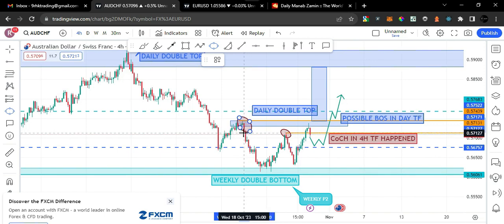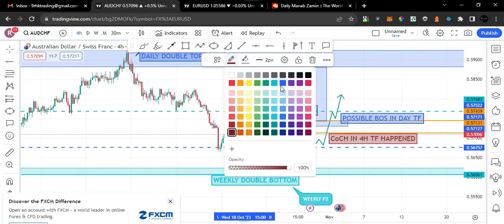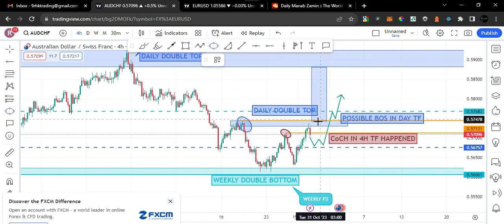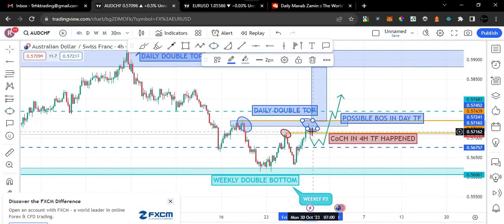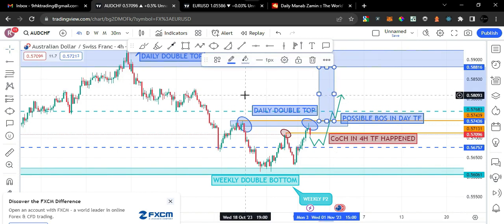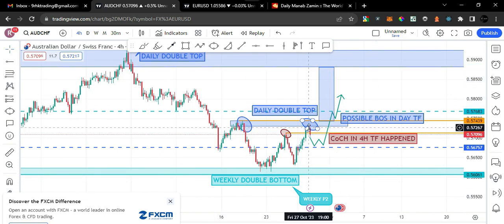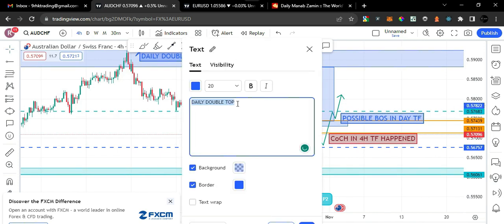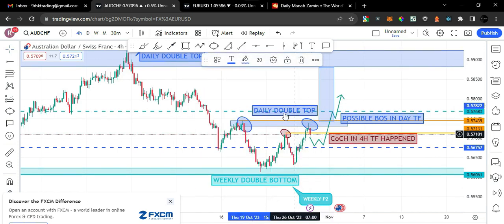This one, and this one, the double top formed, and then it, so we can say this P3, not this one, let's use the color.